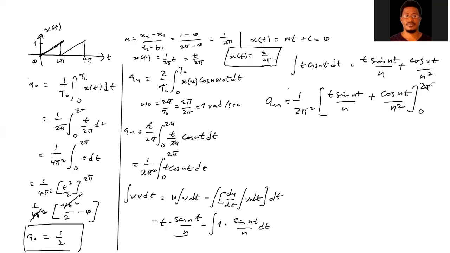Once we plug in 2π into this, sin 2π will reduce to 0. Then cos 2π will be 1.